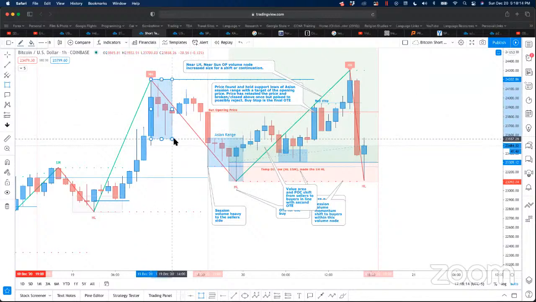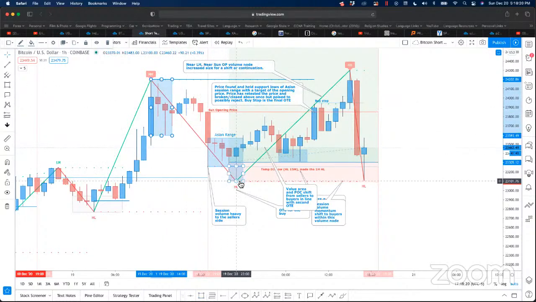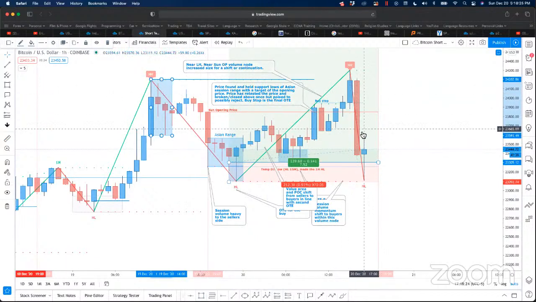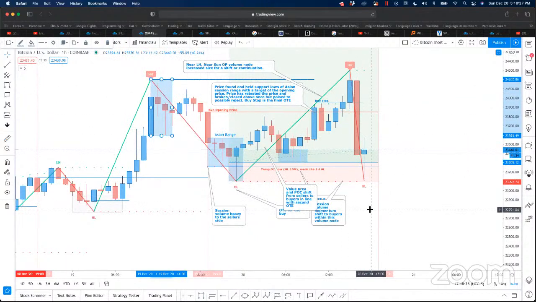Your low set right here. You see price come back in here, your rejection entry, you could have took this. You could have still been in this trade and tried to sell it off from here.